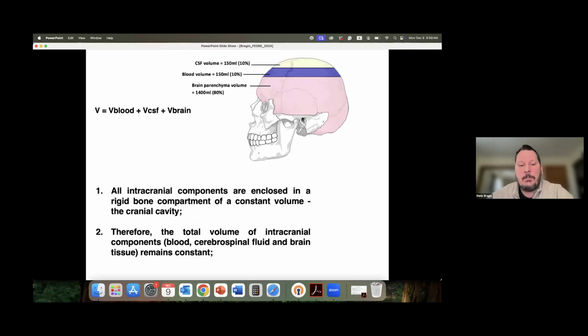So what is this doctrine? This doctrine states that all intracranial components, CSF, blood, and brain parenchyma, are enclosed in a bone compartment, which is constant in volume, and therefore the total volume of the intracranial components remains constant.